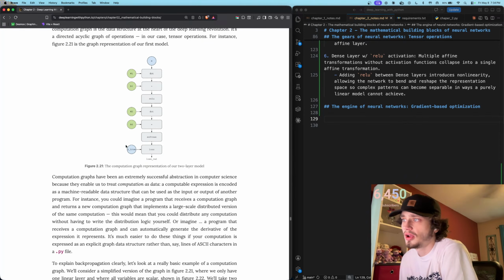We compare our true values with the result, which is our y predictions. We compute a loss function and get a loss value. We now need to backpropagate, right?